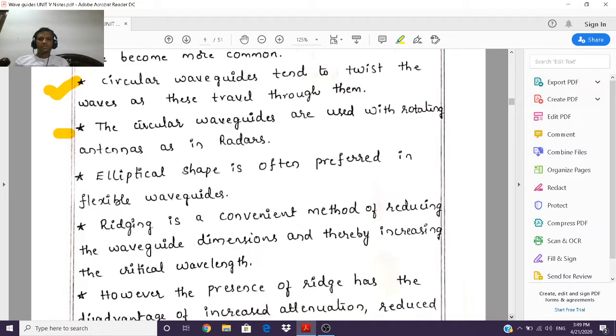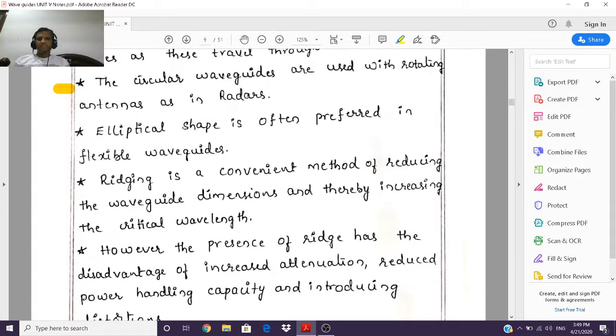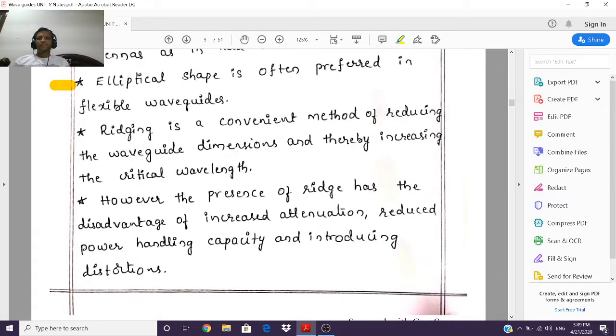Radar means radio detection and ranging. So elliptical shape is often preferred in flexible waveguides. Okay, so whenever flexibility of the waveguide is required, we go for elliptical waveguide. And also the ridge waveguides will sometimes be convenient in reducing the waveguide dimensions and where an increased critical wavelength is required.